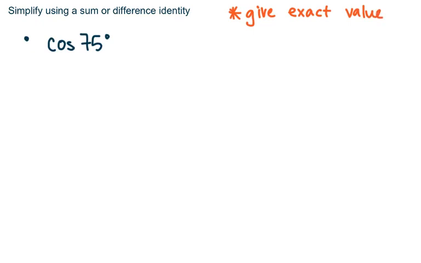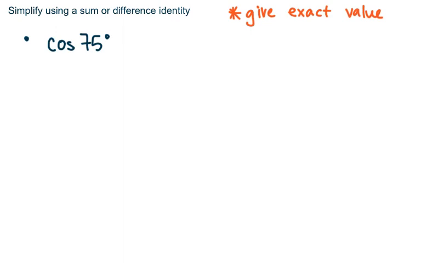So cosine 75, that is not something that I can find on my unit circle. On my unit circle, I know 30, 45, 60, 90, 135, etc. around the unit circle. I think I left 120 out in there, but we have all these values on the unit circle that we can find. And 75 doesn't fall on any of those predefined angles we like to deal with.